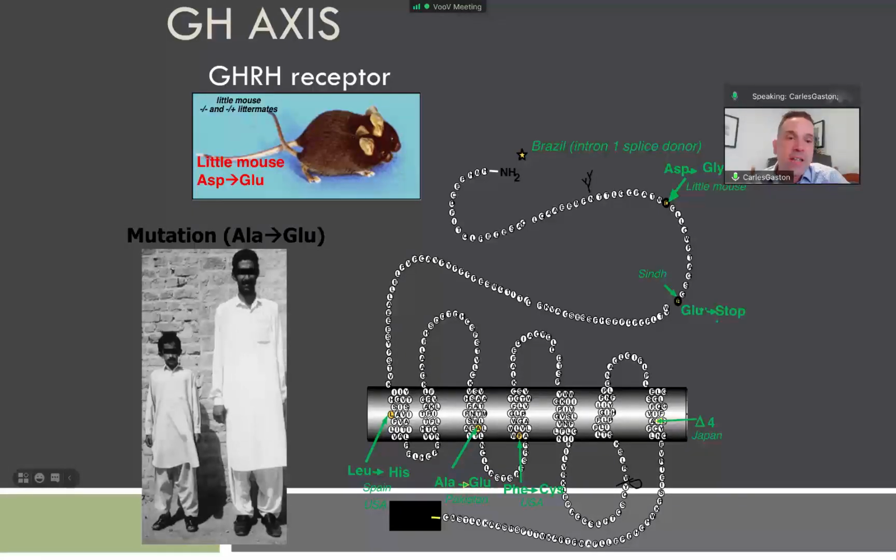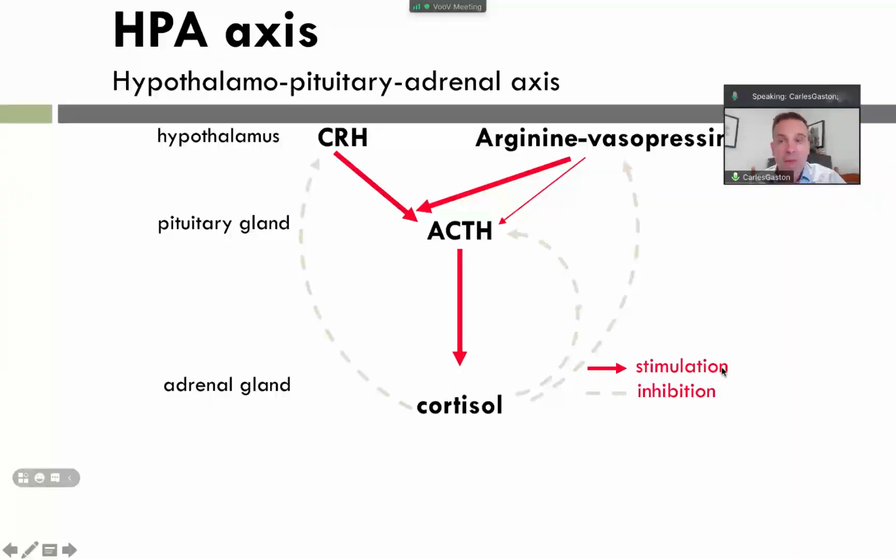Since the identification of the first mutations, lots of different mutations in lots of different families have been identified and published, right?